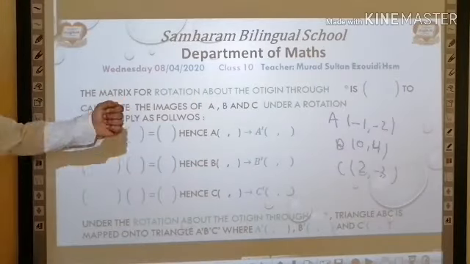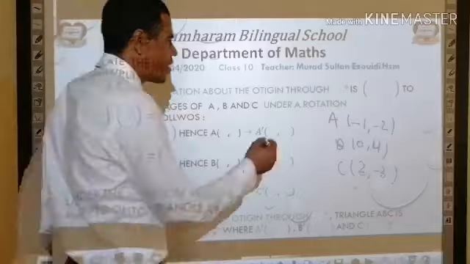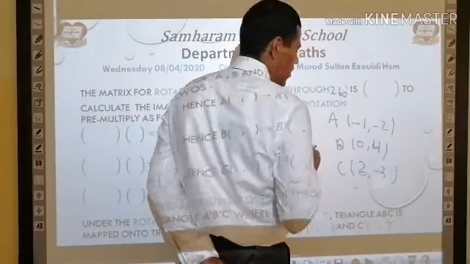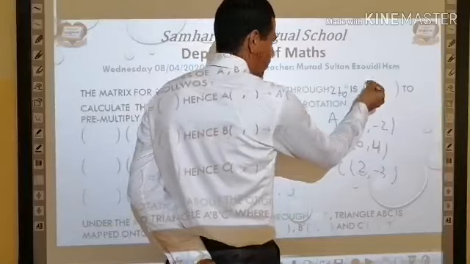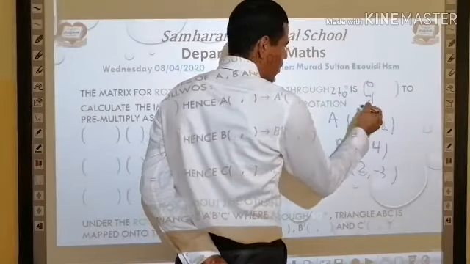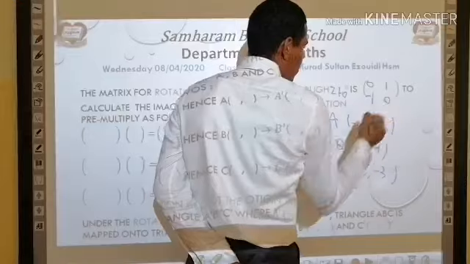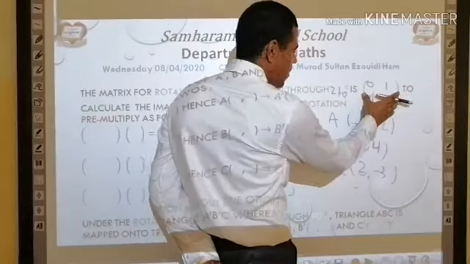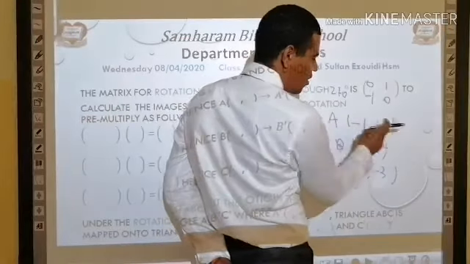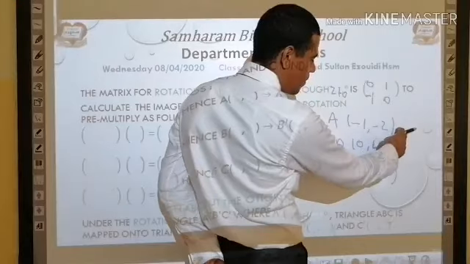A matrix for rotation about the origin through 270 degrees is what? It is 0, minus 1, then 1, 0. I will multiply this matrix by the column vector of point A to find the column vector of its image A prime.